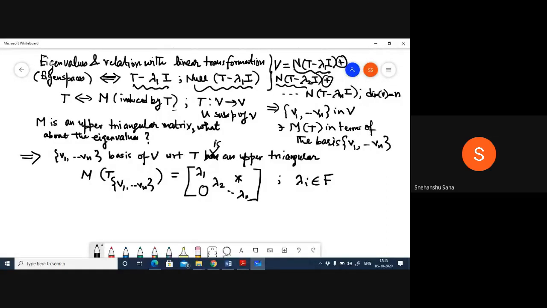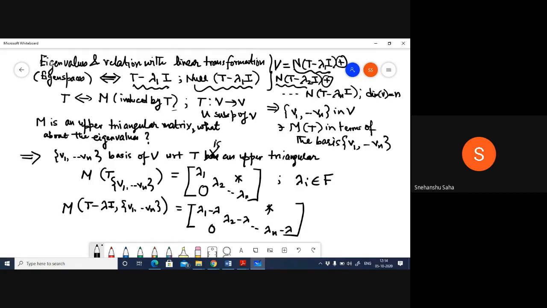And so therefore, if I look at M, the matrix of T minus lambda I with respect to the same basis vectors, right? This can be easily written as lambda 1 minus lambda, lambda 2 minus lambda, and lambda n minus lambda, right? Okay.